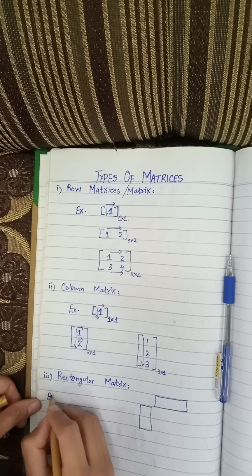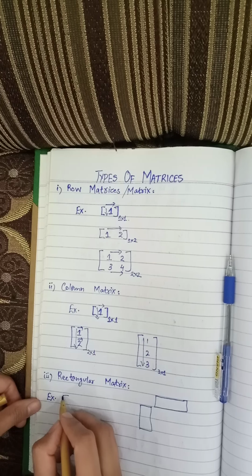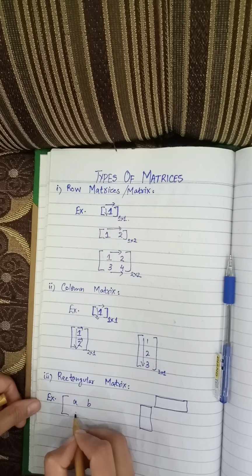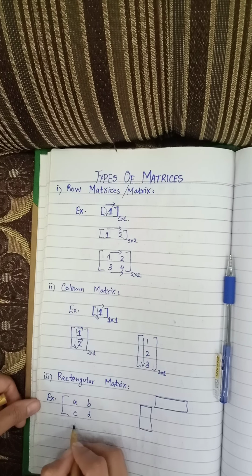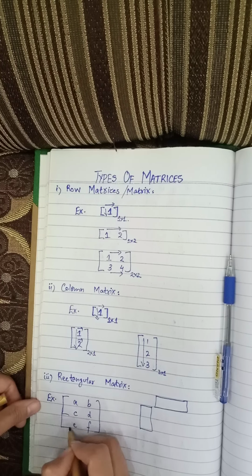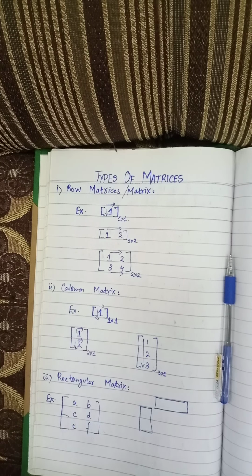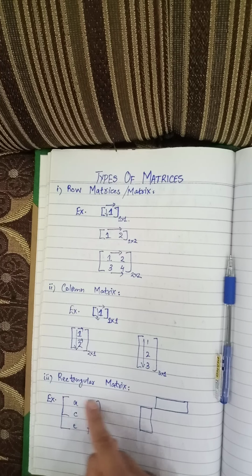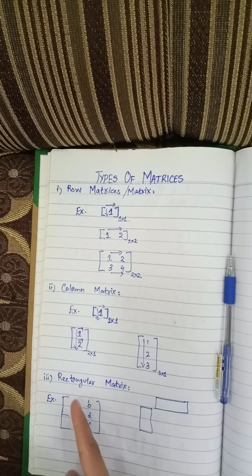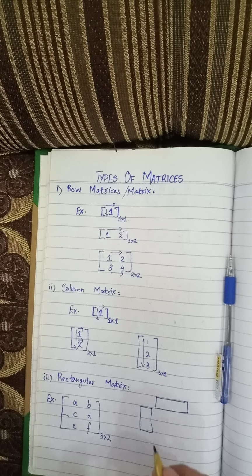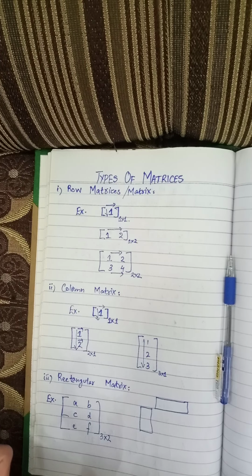For example, this matrix is a rectangular matrix because the number of rows is 3, whereas the number of columns is 2. It's a 3 by 2 matrix. So it's a rectangular matrix.